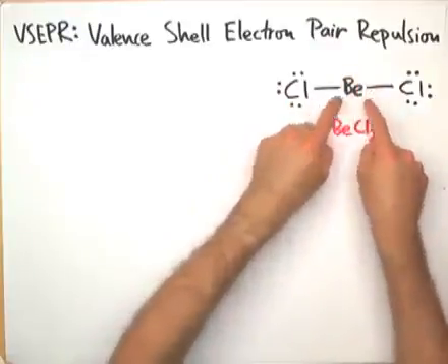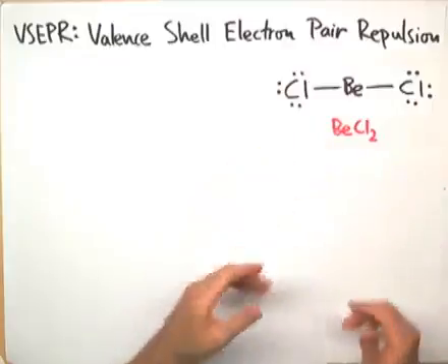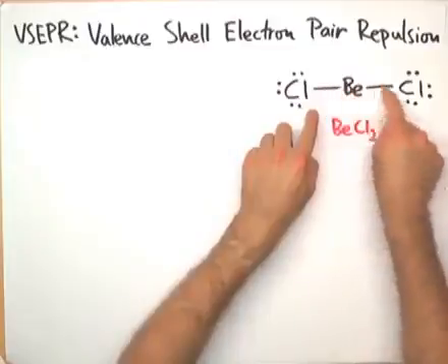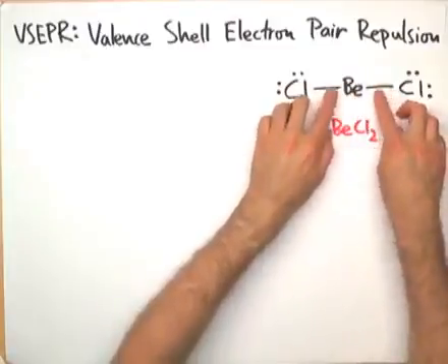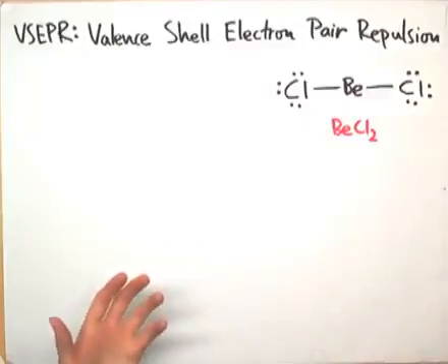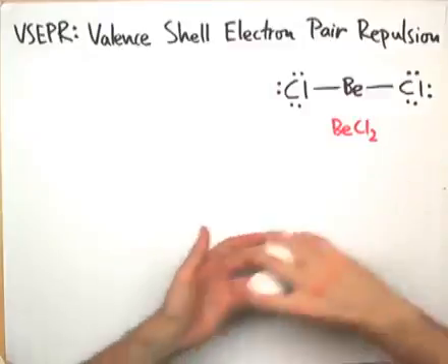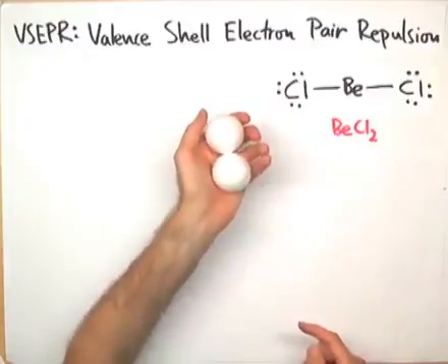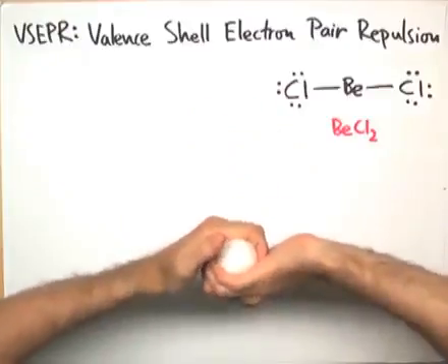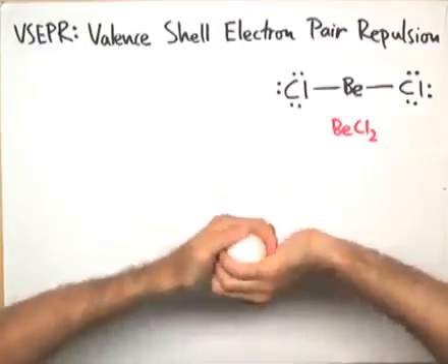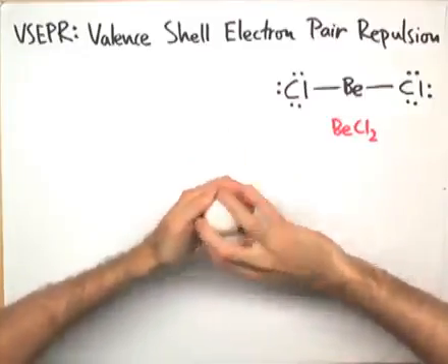So in beryllium dichloride, where are these valence shell electrons that want to push away from each other? Well, the valence shell electrons are in these bonds. I've often said that you can think about covalent bonds as if they're hands from the atoms with electron pairs, and these hands are connected because they're both holding on, they're both sharing this pair of electrons.